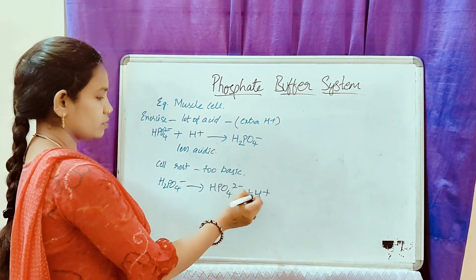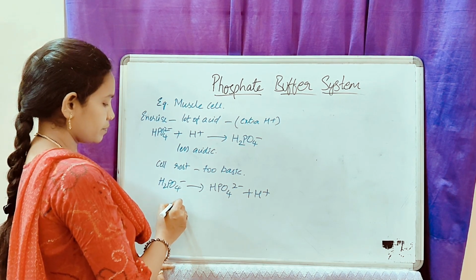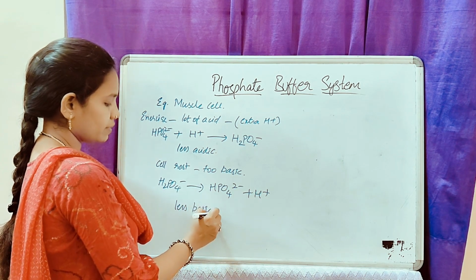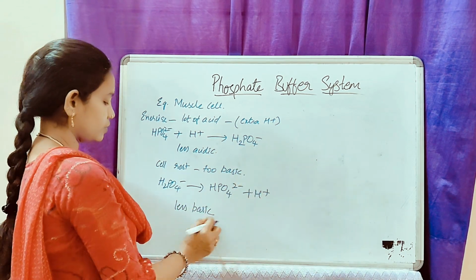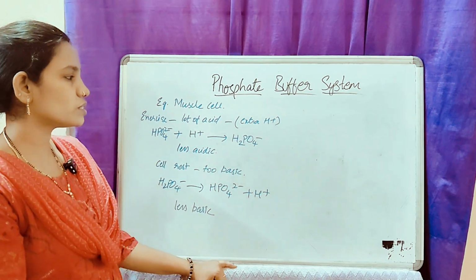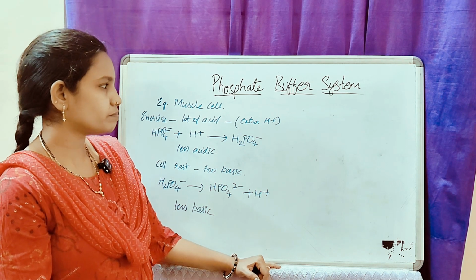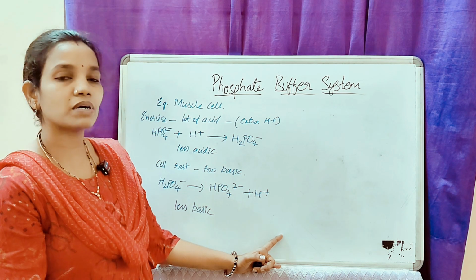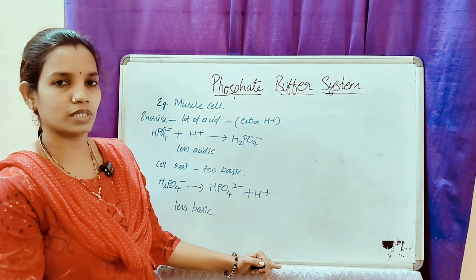So these hydrogen ions will make the muscle cell less basic without rising the pH. So finally, what is the conclusion here? The phosphate buffer system maintains the pH 7.2 of the muscle cell, allowing the muscles to work properly.